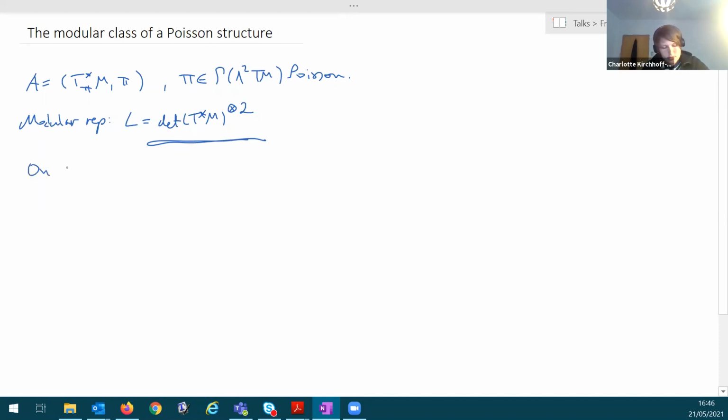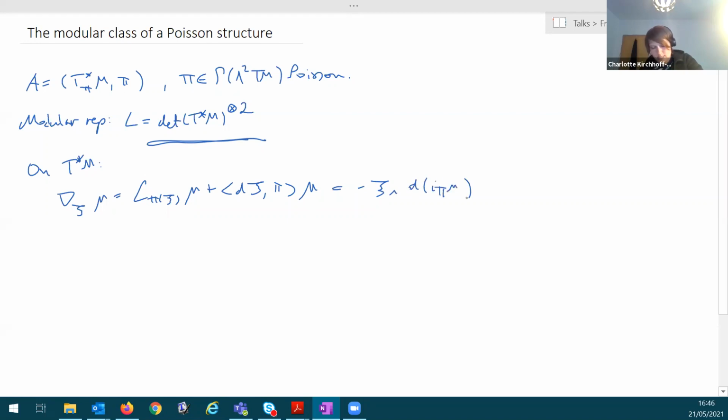So on T star M, the representation is this, and probably, again, most of you have seen this at some point. So this is equal to this expression. So in the second expression, you can very explicitly see that it's linear in Xi. And then, of course, here we get the modular section of the Poisson modular representation.